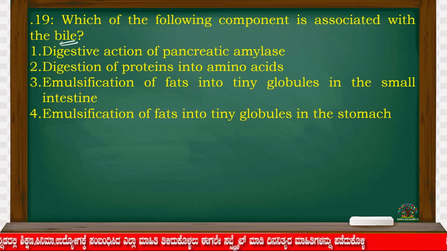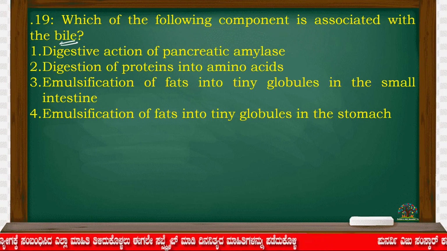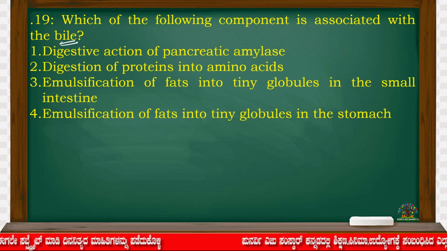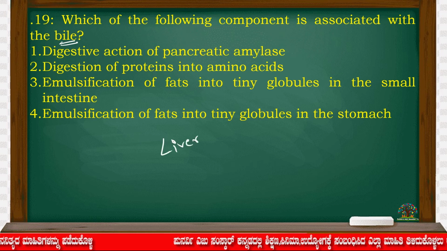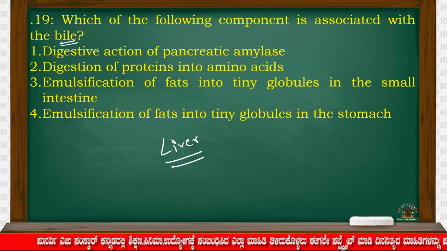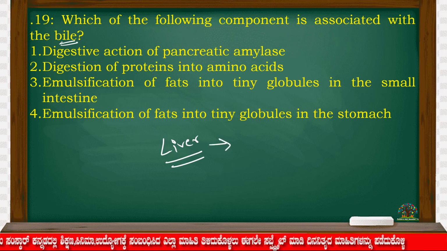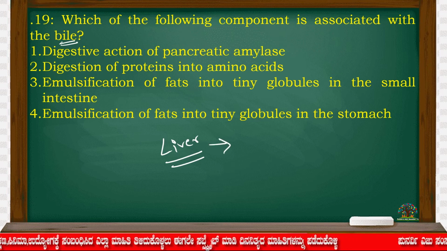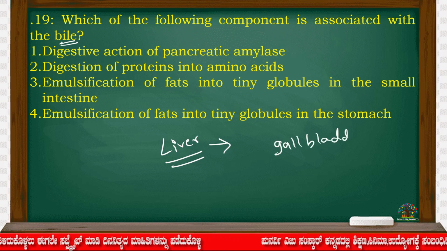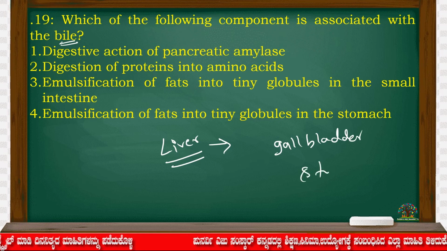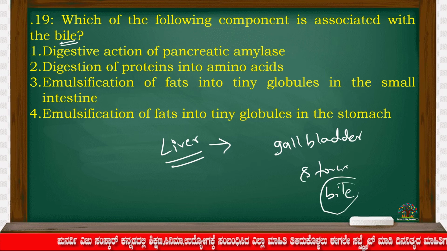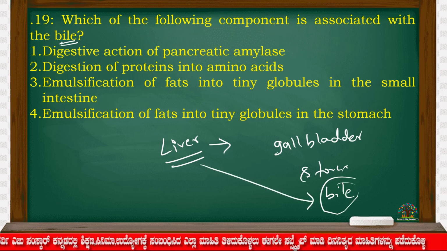So bile juice is a substance that is secreted from the liver. So liver secretes bile juice. Liver produces bile juice, and it transports the components into the gallbladder. Gallbladder stores bile juice, whereas liver secretes bile juice.